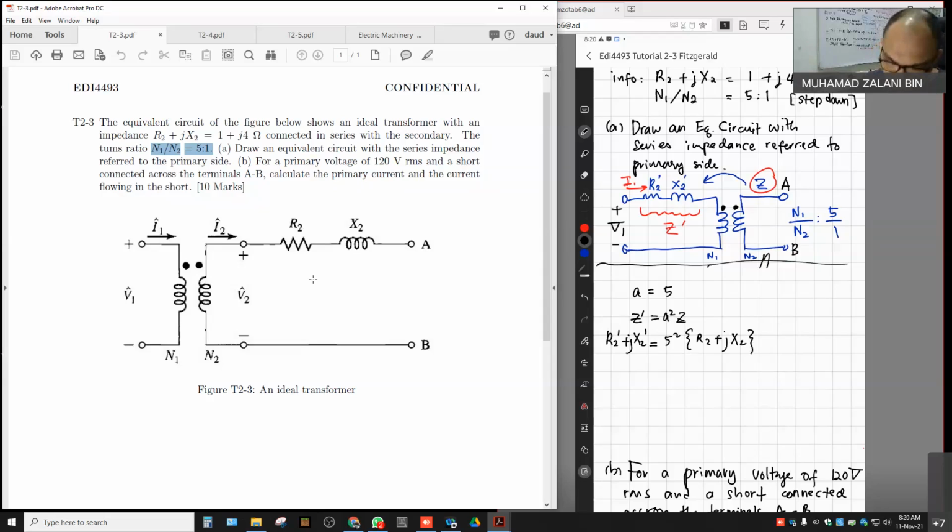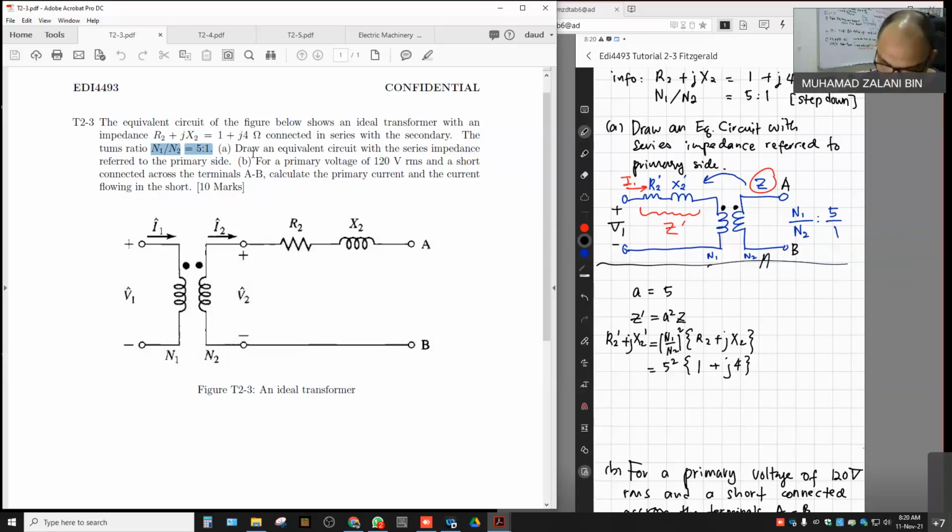Then calculate, substitute. Yang ni saya nak buat N1 by N2 square lah, senang. Berapa R2 diberi? Dalam soalan, R2 is 1, X2 is 4. So R2 is 1 plus j 4.